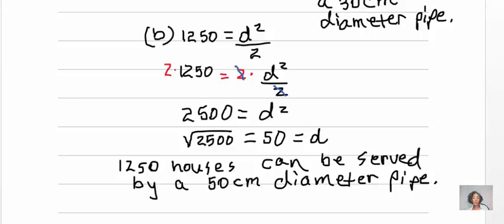And we see that what we said about direct variation is illustrated here. As you increase the number of houses, the diameter of the pipe has to increase as well. So modeling with variation is a very important application that shows up in many different real situations.